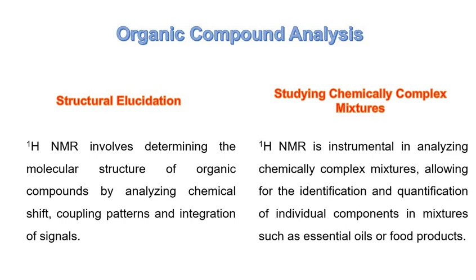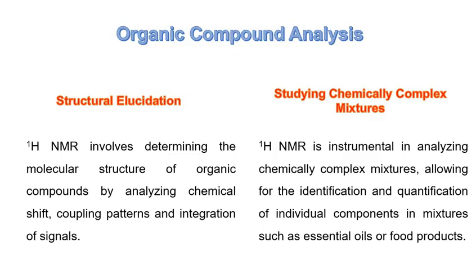Integration indicates the number of protons contributing to each signal. Multiplicity, that is splitting, reveals how many neighboring protons are present. Coupling constants give information about bond angles and distances. Combined, these features help to deduce the molecular structure of organic compounds.